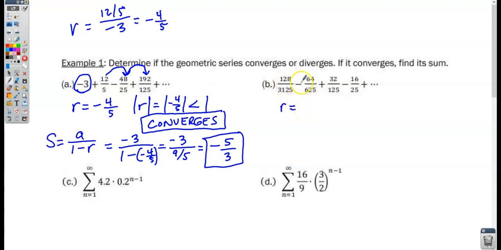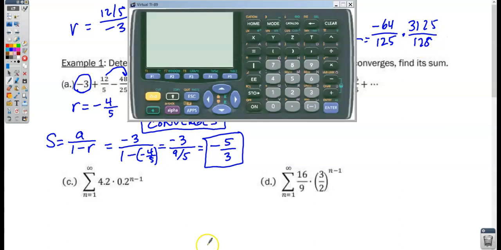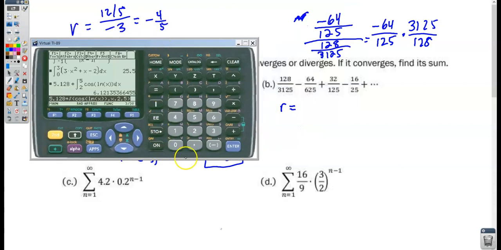This one might not be as obvious as the first one was, so it might be a good idea for us to take the second term divided by the first term. And that's -64/125 times 3125/128.